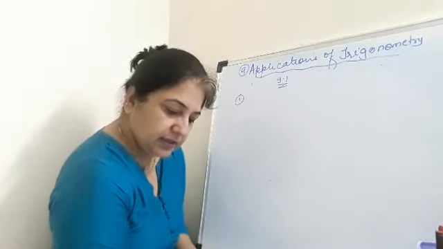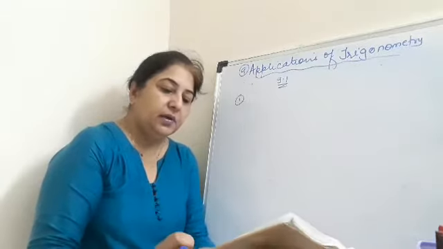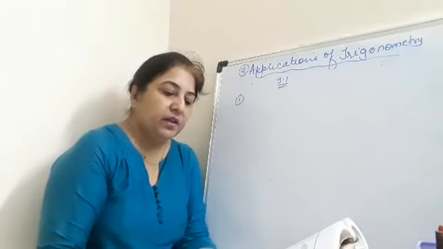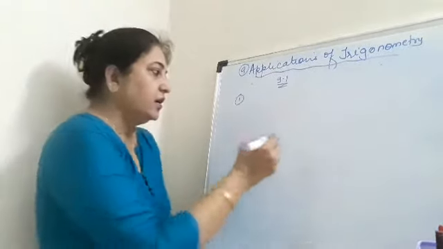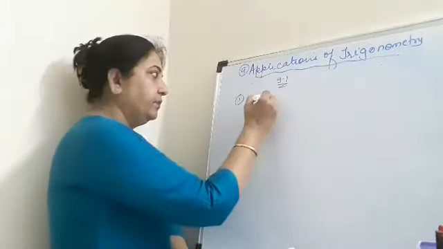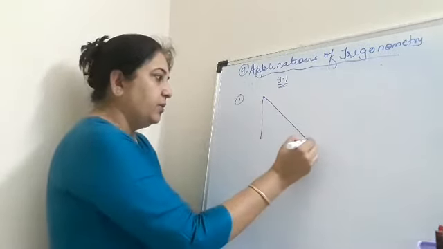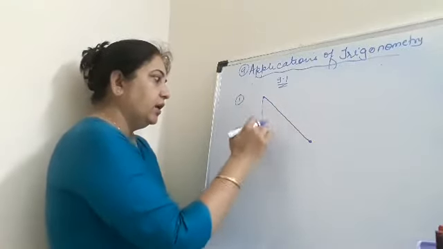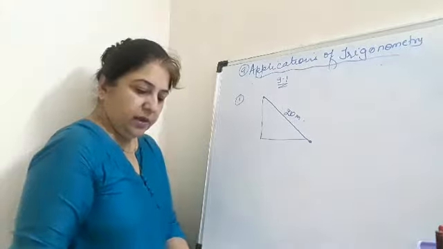First question says that a circus artist is trying to climb a 20-meter long rope which is tightly stretched and tied from the top of the vertical pole, right? Now there is a rope which is tied, the diagram is given. So this is a rope which is tied from here to here, top of this is a pole, and this is the length of the rope, 20 meter.